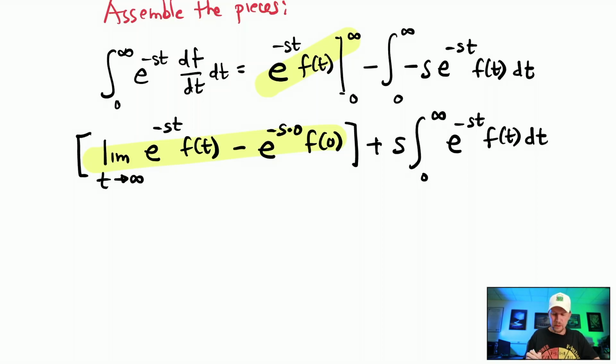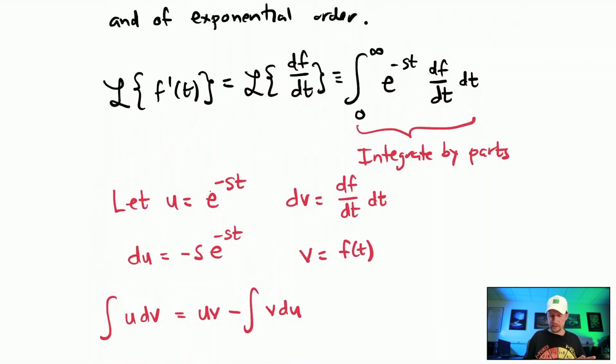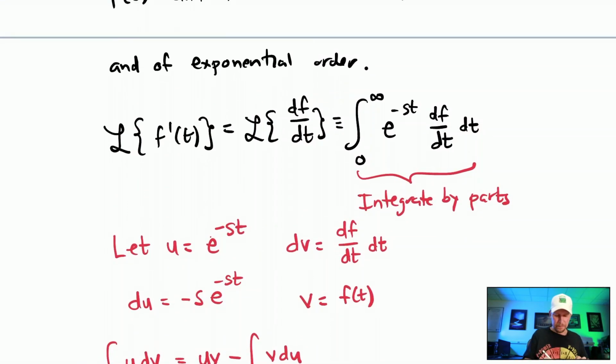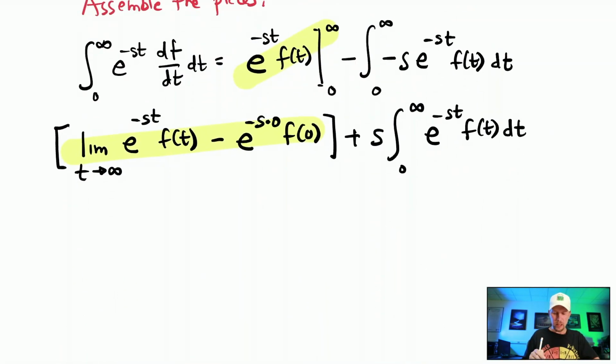Now, this is where the assumption, and it is an assumption, that f of t be of exponential order comes into play, right? By exponential order, we mean that this portion right here actually disappears.